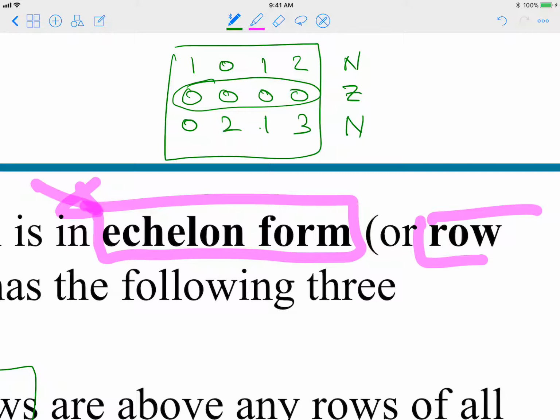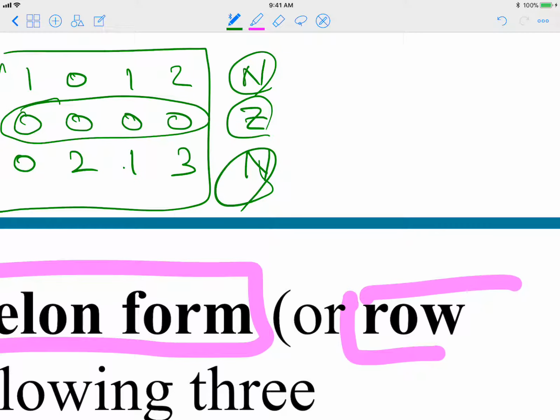In order to make this an echelon form, all the non-zero rows should be placed above these zero rows. So if it is an echelon form, it should be something like non-zero, non-zero, non-zero, and then zero, zero, zero rows. So we have to have this clear kind of boundary.